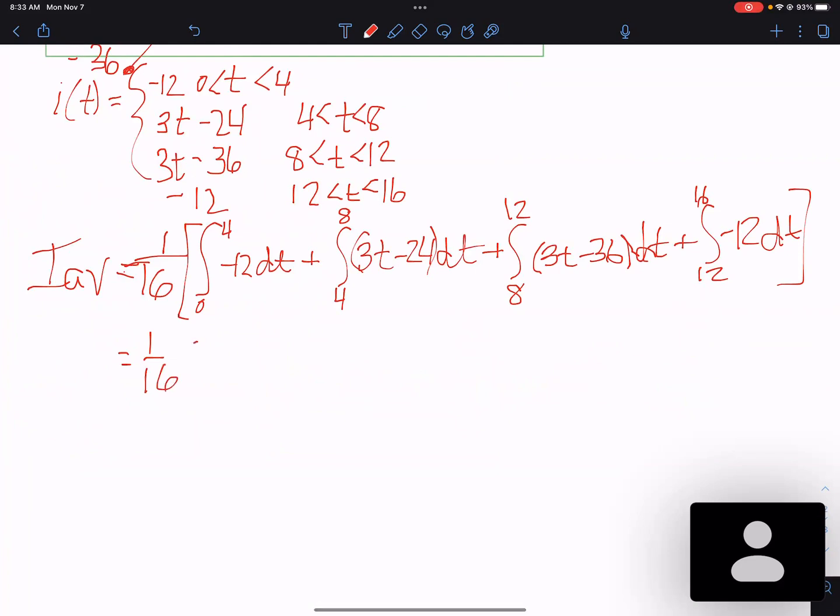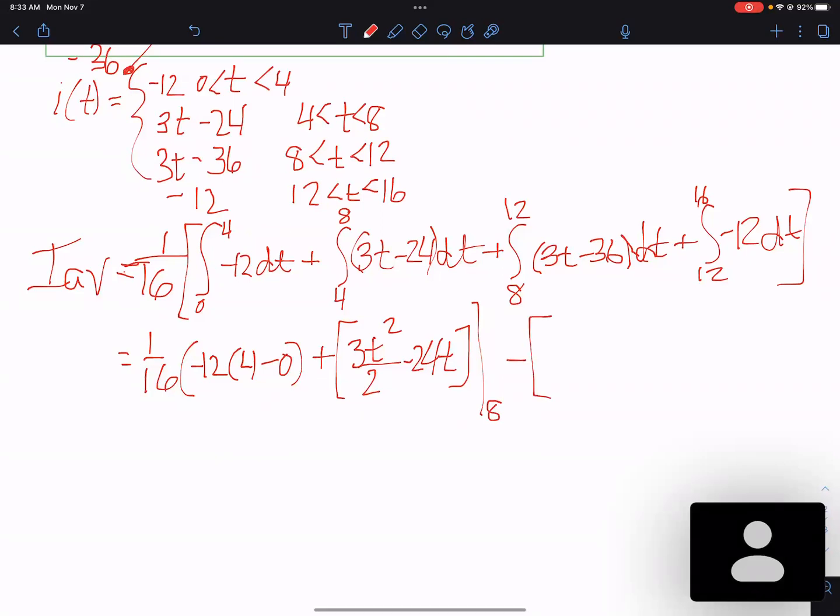And then for 3t minus 24, let's see, 3t squared over 2 minus 24t, and then evaluate it from 4 to 8, plugging in 8 and then plugging in 4.